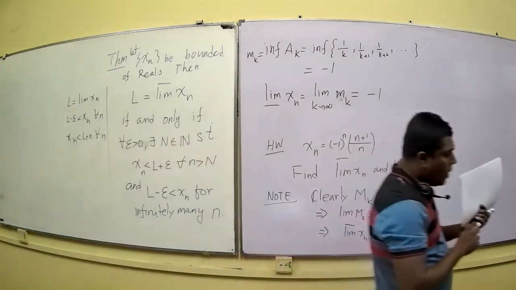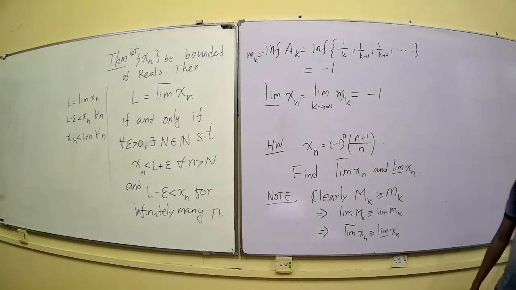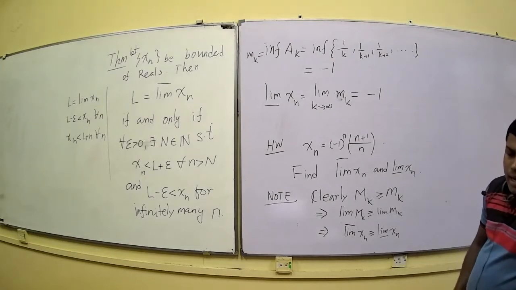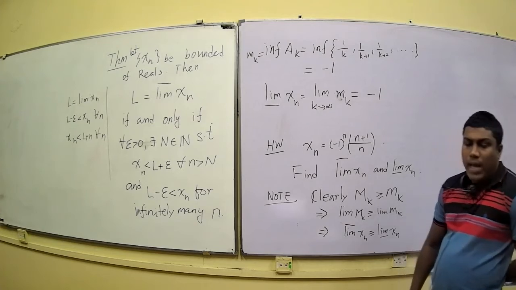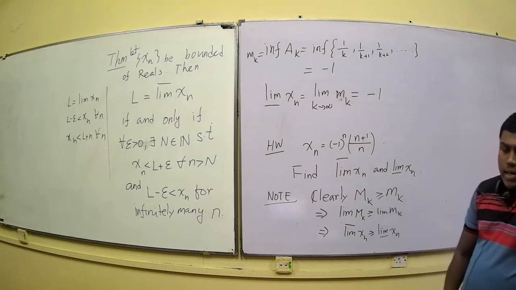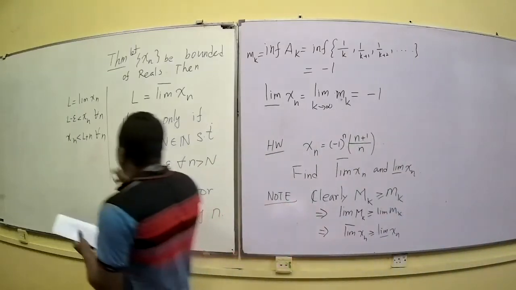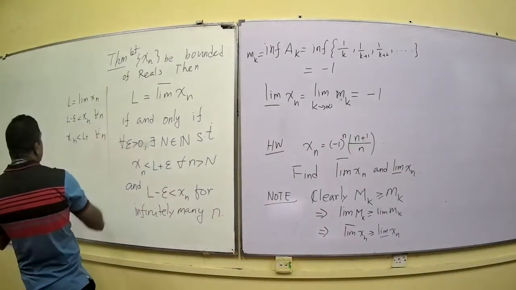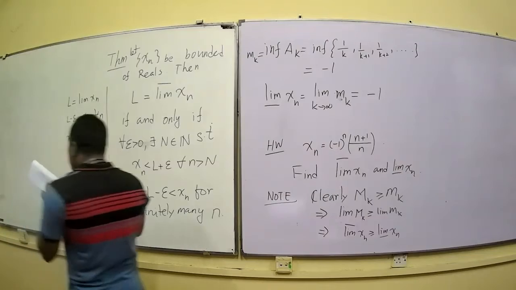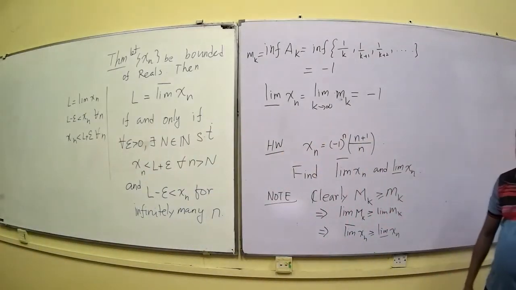At the beginning we studied that for every epsilon positive there exists n in the natural numbers such that the absolute value of xn minus L is less than epsilon. If you break the absolute value, you get L minus epsilon less than xn less than L plus epsilon. This is the definition for limit.